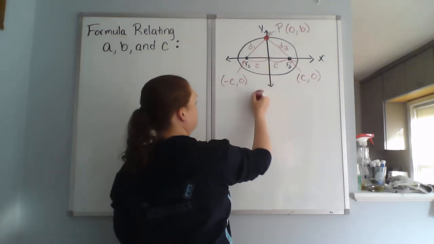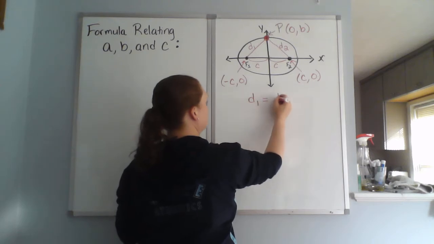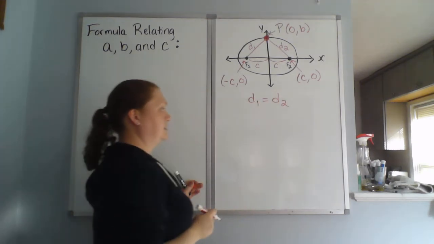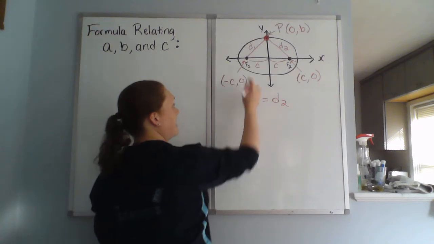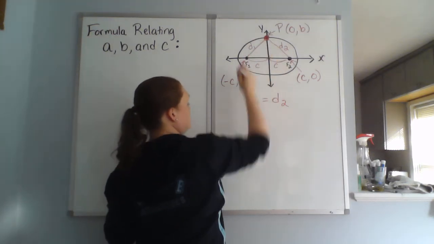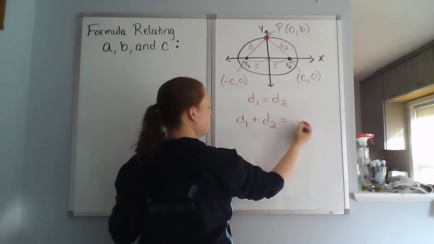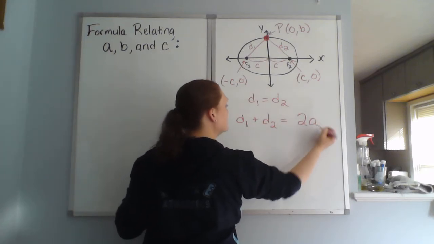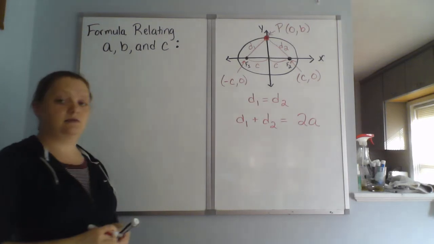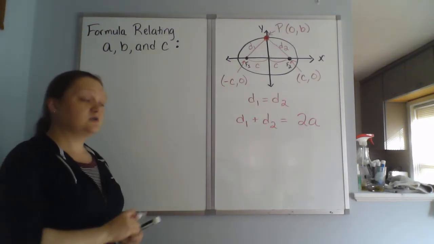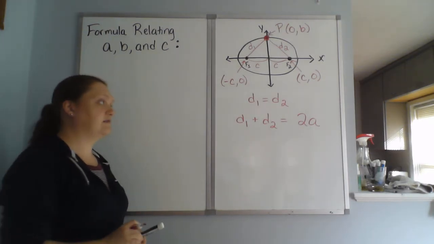So d1 and d2 have to be equal to each other. And we also know that the sum of these two distances has to be equal to the measure 2a, or the length of the major axis, okay? So this is all coming from that definition of an ellipse.